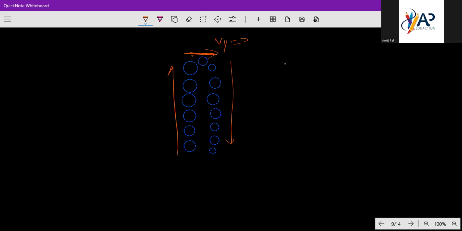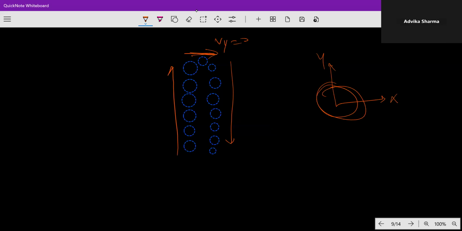Even a circle is also an example of motion in plane. We know that we have two axes, x and y. So this is a motion considered in motion in plane, right? Now our chapter is completed.